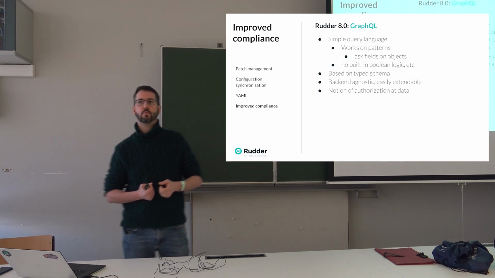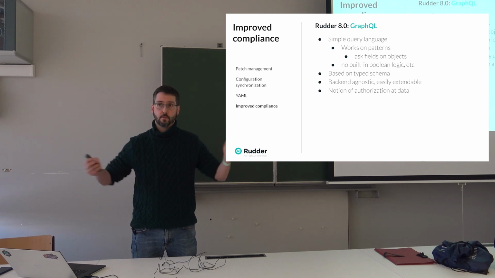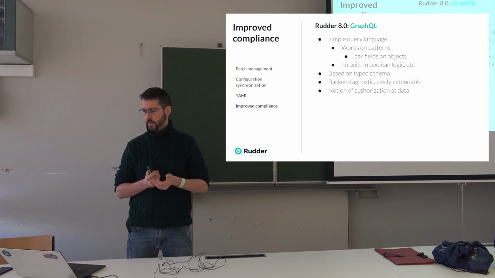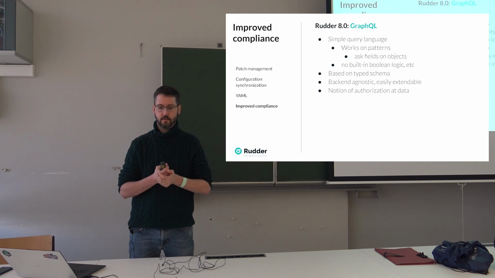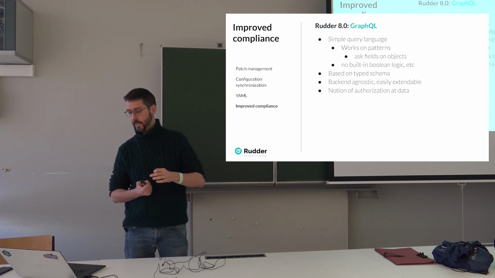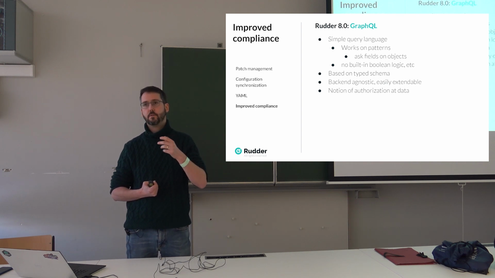So what we will do is use GraphQL for that. GraphQL is a query language based on graphs, open sourced a few years ago. It aggregates different backends together, so you can work with completely different backends, and you also have authorization on what you can see.